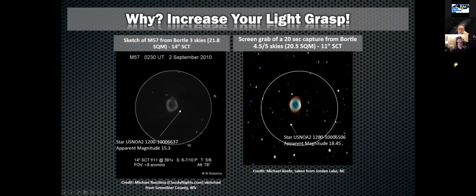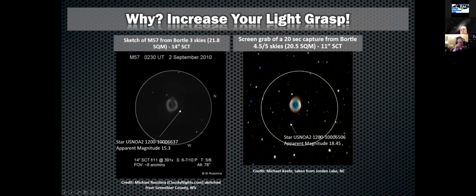So I grabbed the dimmest star that this individual sketched versus what I can see of probably the dimmest object in my view. You're looking at a difference between 15.3 magnitude and 19.45.